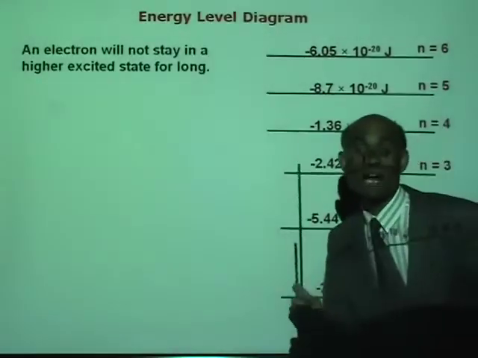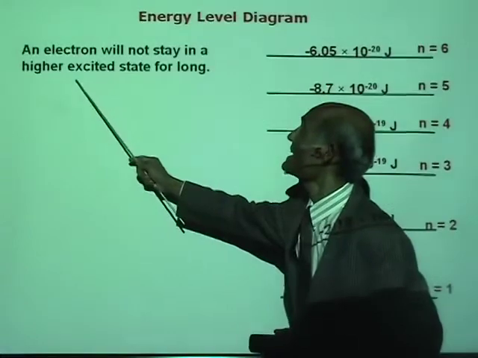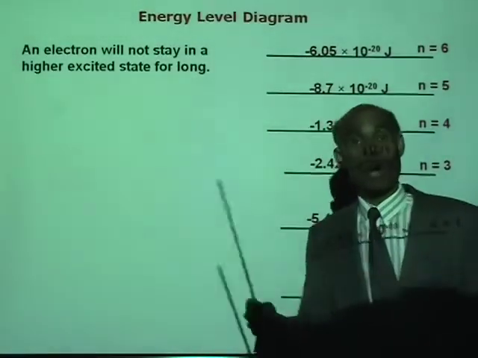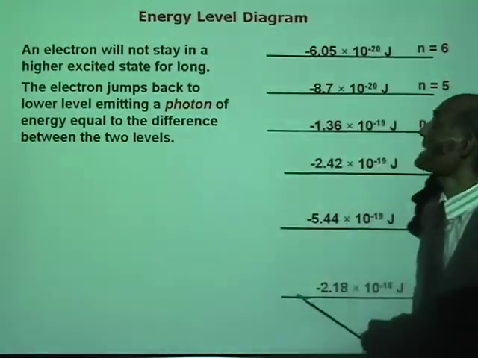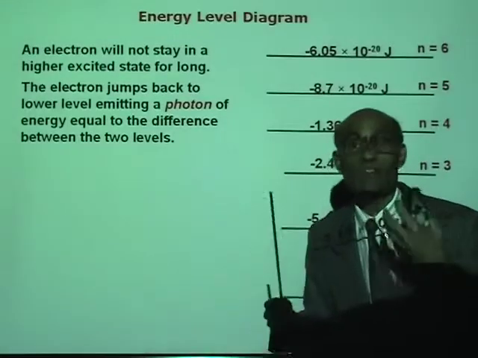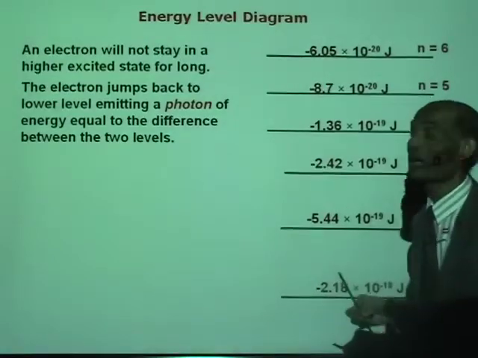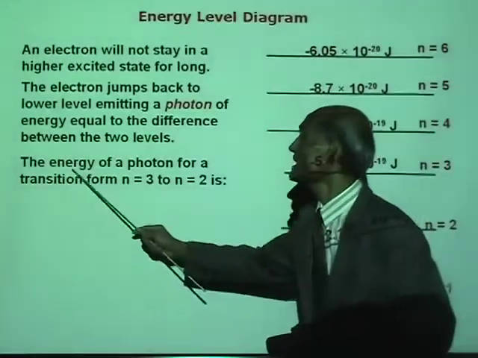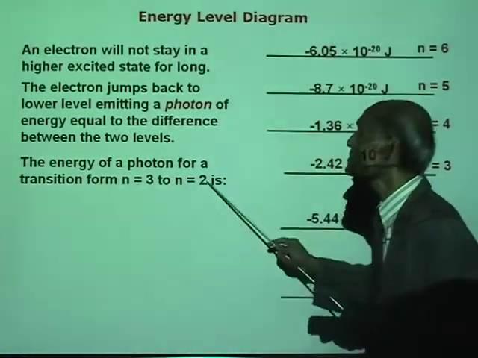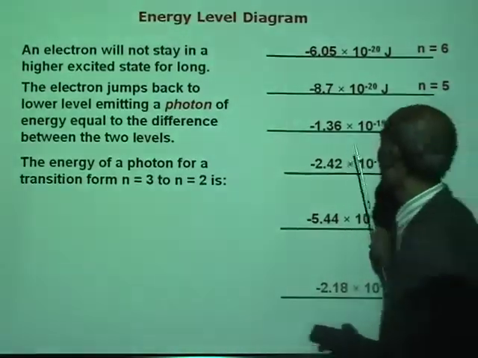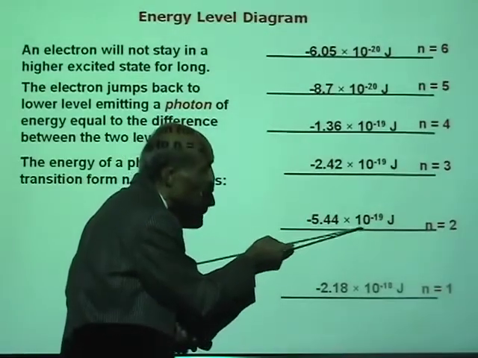Let's now look at some of the electron transitions. An electron will not stay in a higher excited state for long. The electron jumps back to lower levels emitting a photon, and the energy of that photon will be the difference between the two energy levels. Let's say an electron from n equal to 3 moves down to n equal to 2.